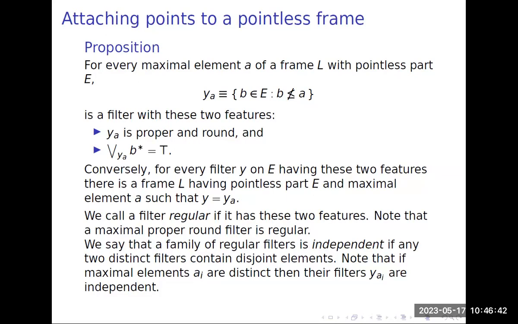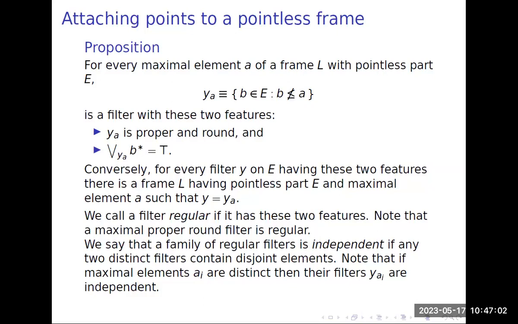Okay, so I'm now going to make a modest transition in the talk. That's sort of one piece of it. But if you think about it, there is another really very fundamental connection between the spatial part of a frame and the pointless part of a frame.